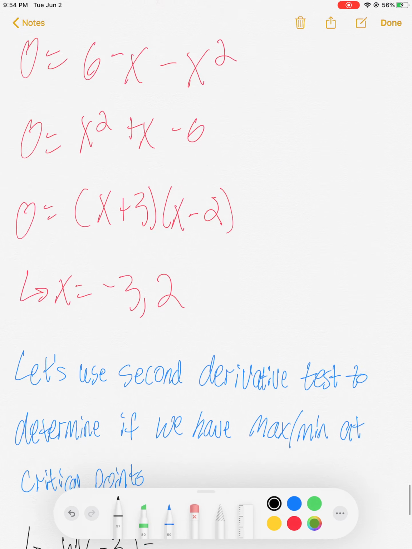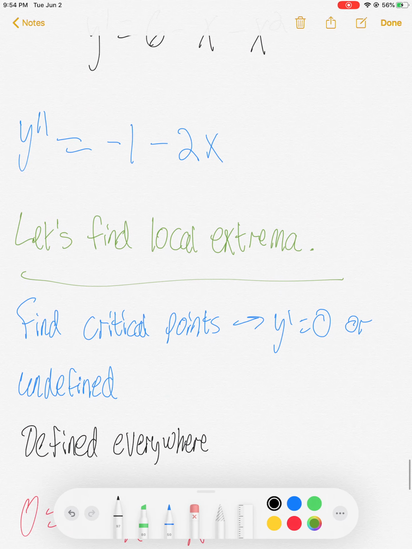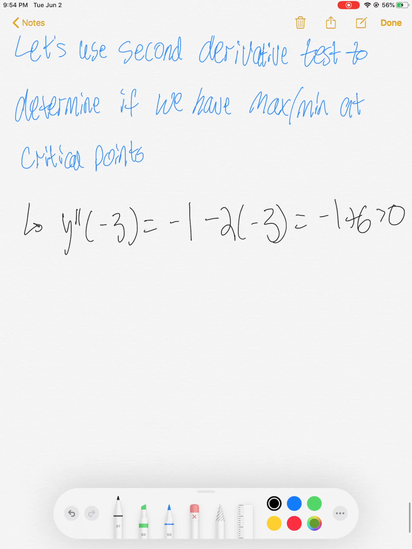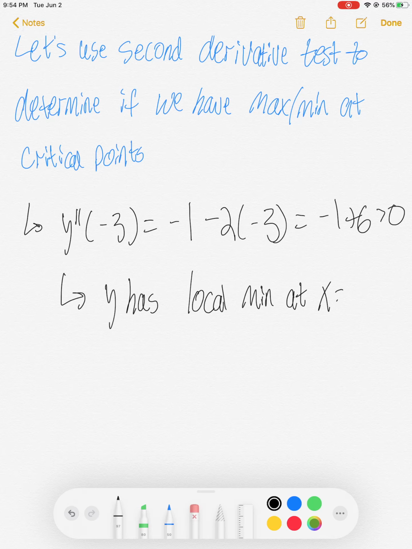So the way that we use the second derivative test, plug x equals -3 into the second derivative. So y double prime of -3 is going to be -1 minus 2 times -3, or that's going to be -1 plus 6, and that is greater than 0.